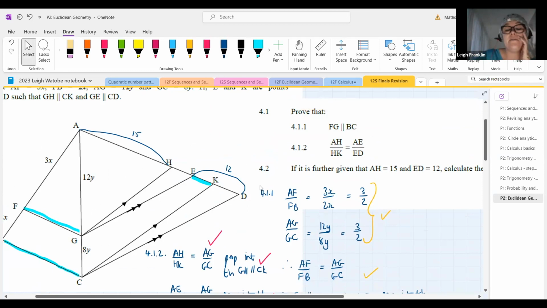Now, this is out of 5 marks, so we know that this is going to be a little bit more rigorous. Okay, where do you think we should start? What can we calculate the length of on that side? So on side AD, what could we calculate the length of?